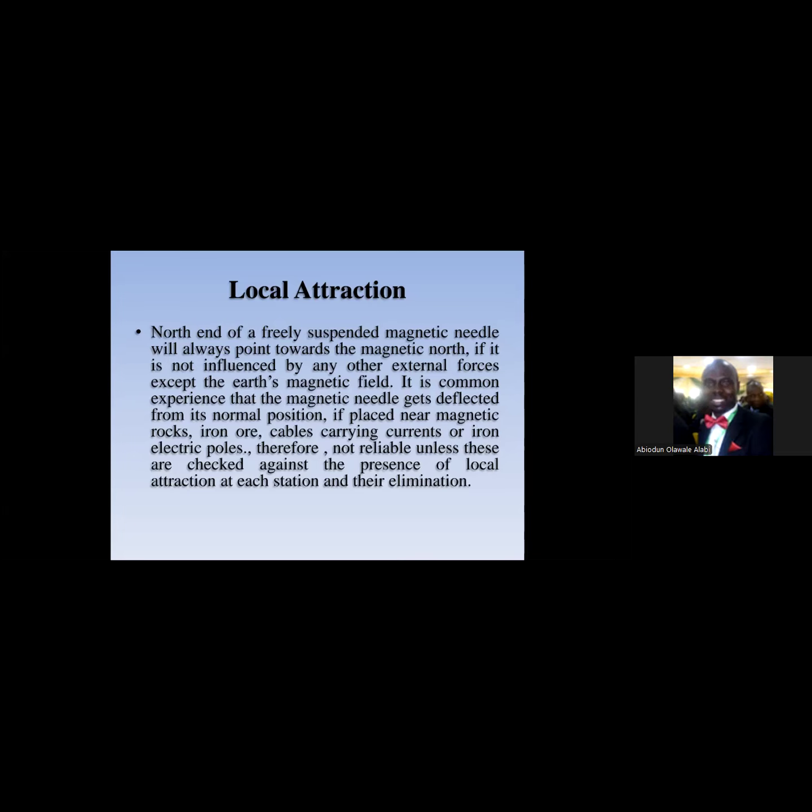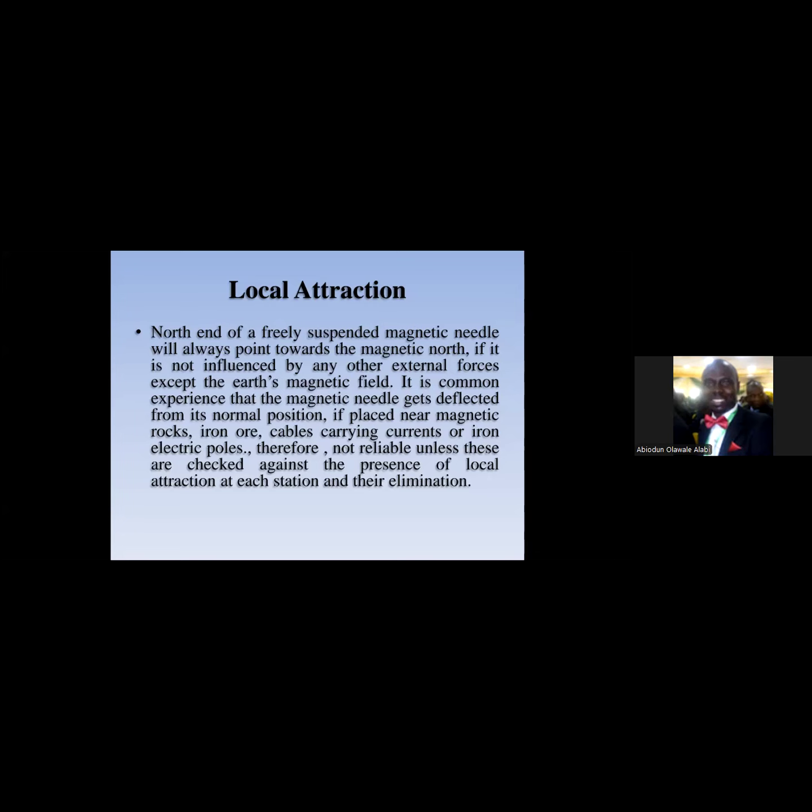So when the magnetic needle deviates from the direction of the magnetic north and you use it to observe your magnetic bearing between points on the field, an error is incurred.